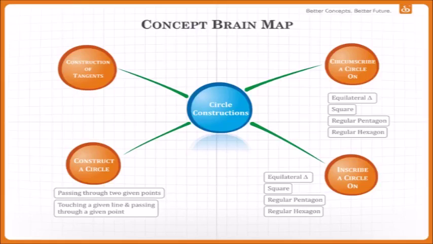So in this, we were given the radius of the circle and we had to draw the circle passing through two given points. Then we had seen the last type, that is construction of a circle passing through a line at a given point and also passing through a given another point. In this, we were given the triangle with the measurements. Then we drew a circle touching a given line and a given point.